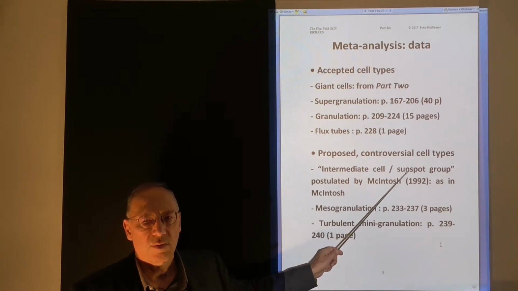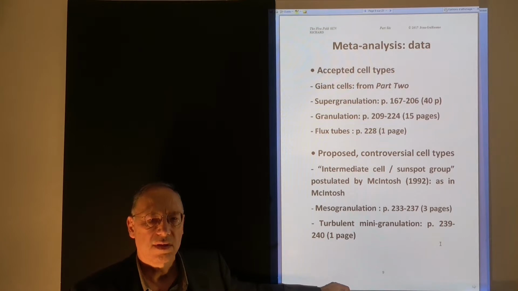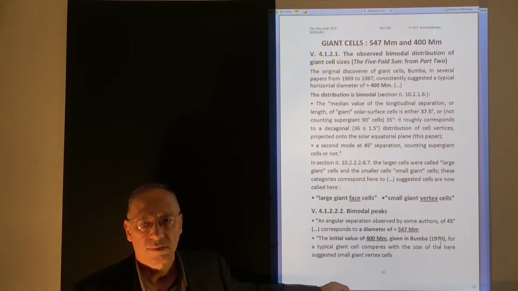And for the more controversial cell types, we have also investigated the size of mesogranulation and the possibly lower scale mini granulation. But we kept the intermediate cell estimate of its size by McIntosh.